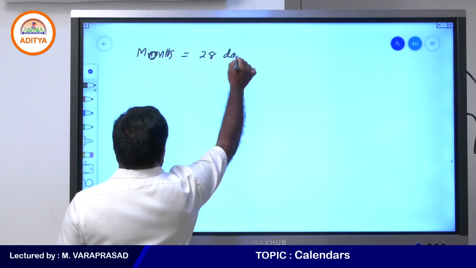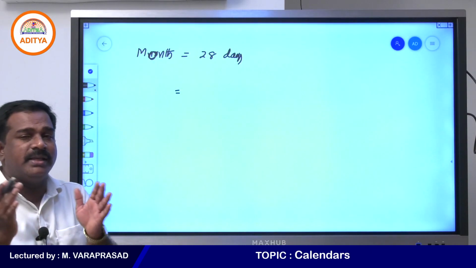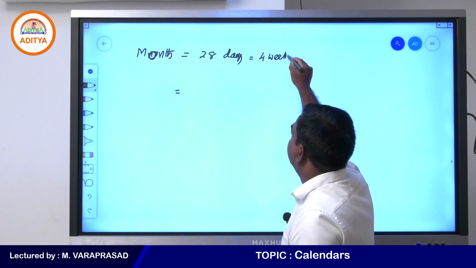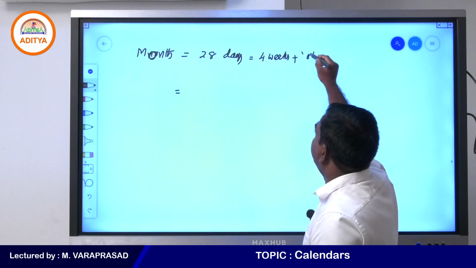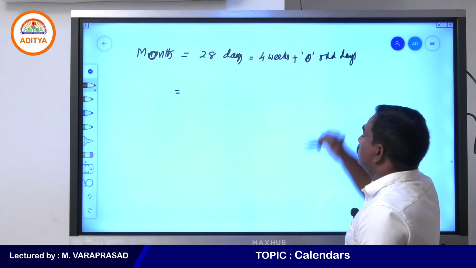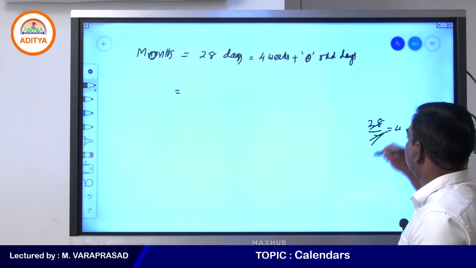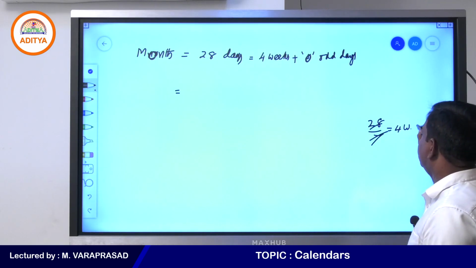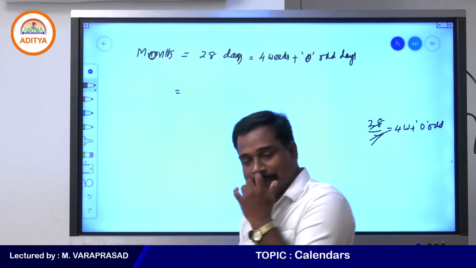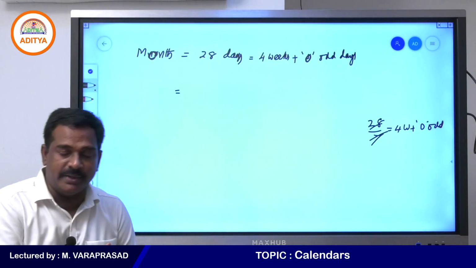A 28-day month gives 4 weeks exactly plus 0 odd days, because 28 divided by 7 means 7 goes 4 times. So 0 odd days. This happens in February: 28 days.